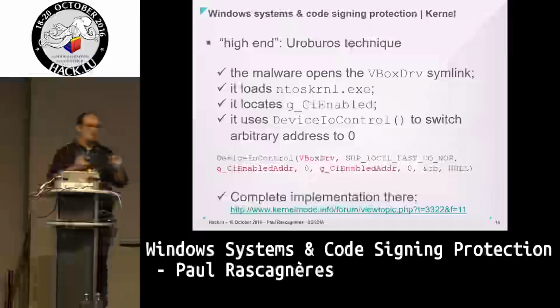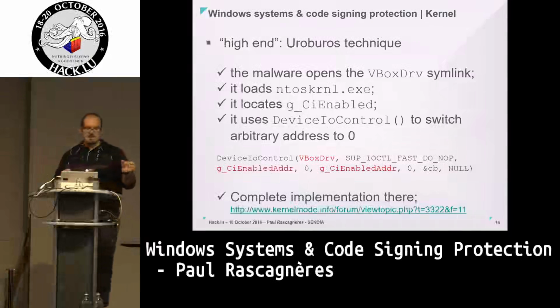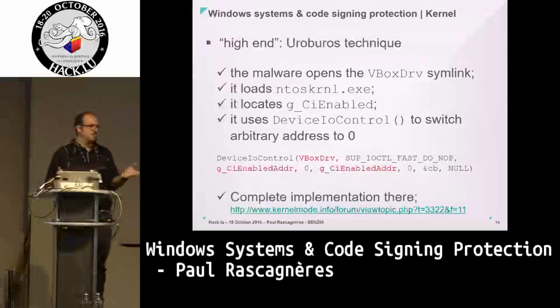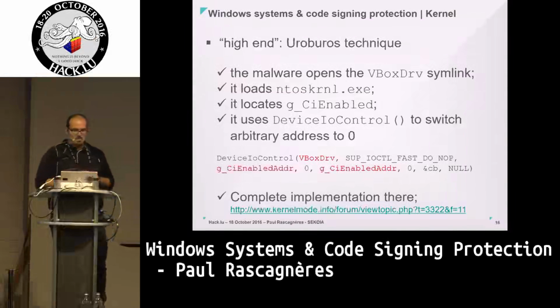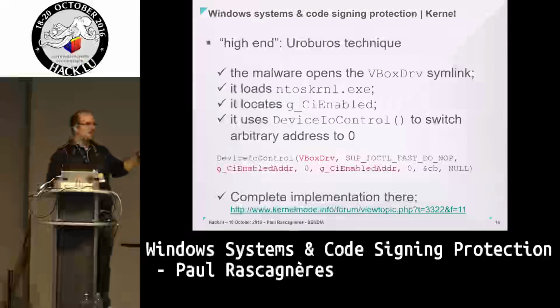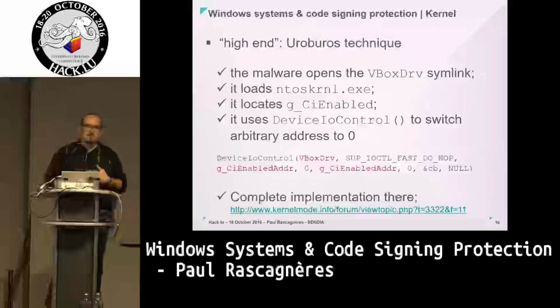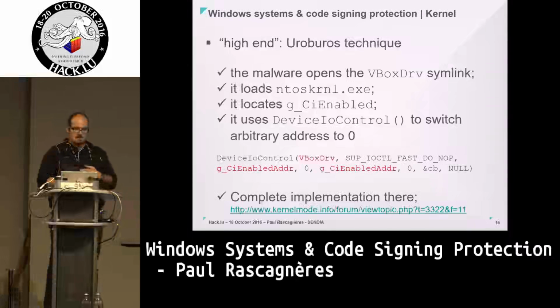You have all the code on this line. You use the symlink, you have the global flag address, and it's going to switch to 0. You have a complete implementation on kernel bound. You can simply copy paste it, and it works. You can disable Windows signature on 64-bit versions.